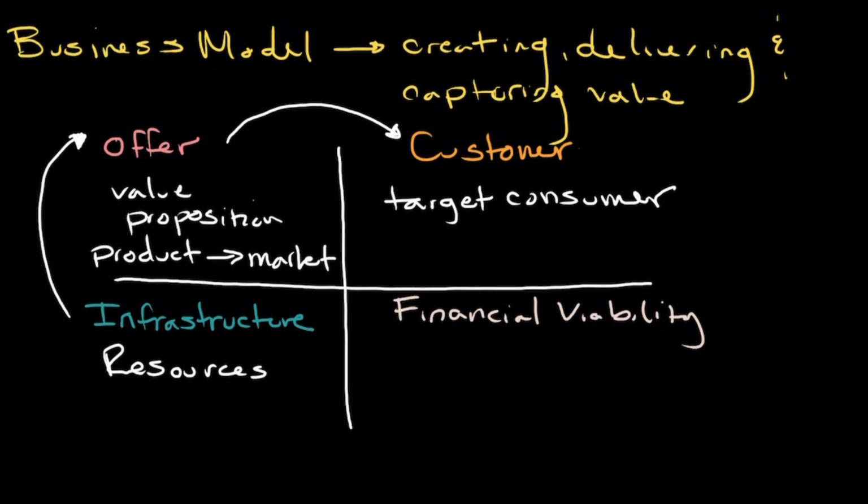So with financial viability, we're finally going to introduce that revenue piece. So the two key components here are going to be the revenues for the business or the revenue model and also the costs. And ultimately, what we're trying to figure out at this stage is if the business has a chance of profitability and what that profitability looks like.